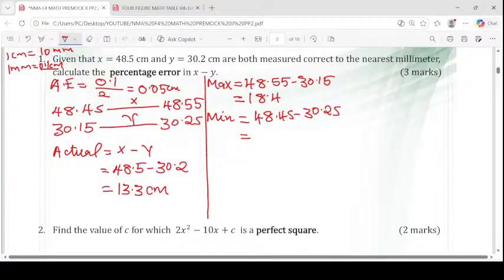The actual gave me 13.3. Let us see this particular question. I'm seeing majority of the learners are following so keenly. That is excellent and quite commendable.